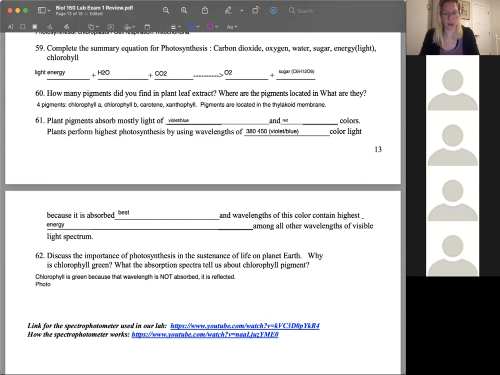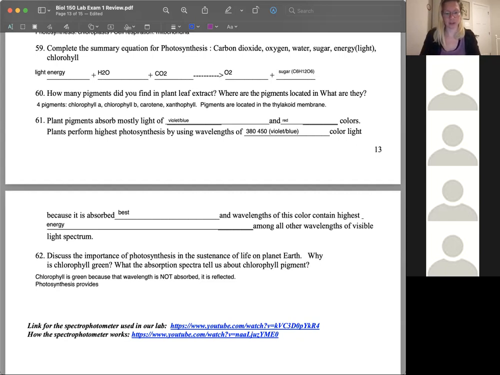And okay, so why is photosynthesis important to sustenance of life? What two things does it provide all other organisms? Oxygen.